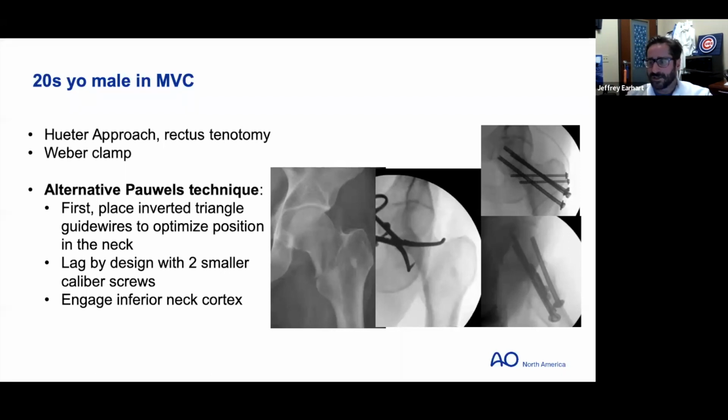The idea here is that you can engage that really strong inferior neck calcar bone with a screw when you go bicortically with a smaller screw, and sneak that into an otherwise standard inverted triangle construct, and really generate a lot of compression that way, and in that way resist shear.